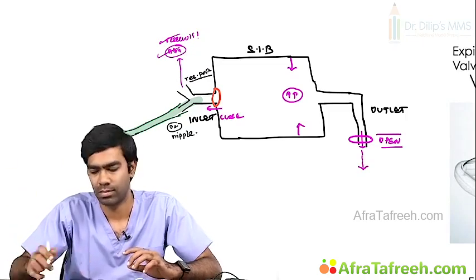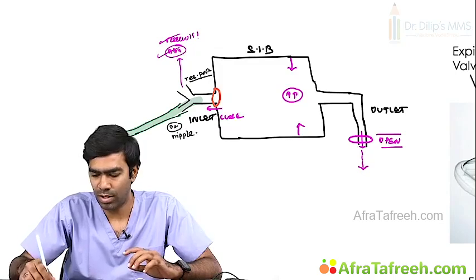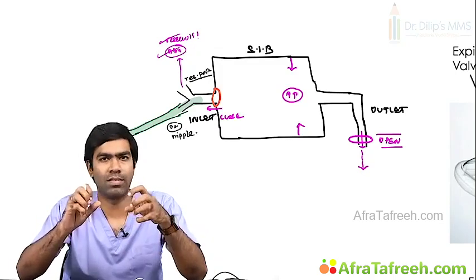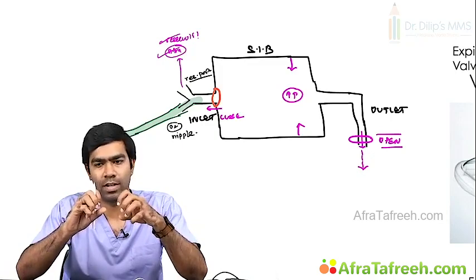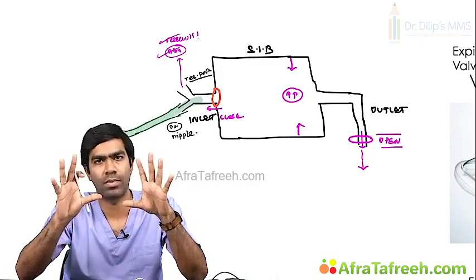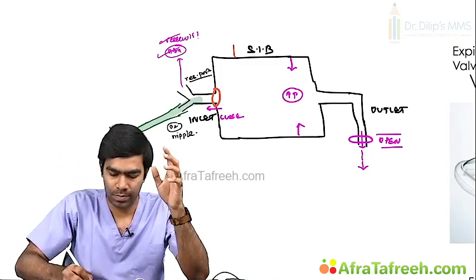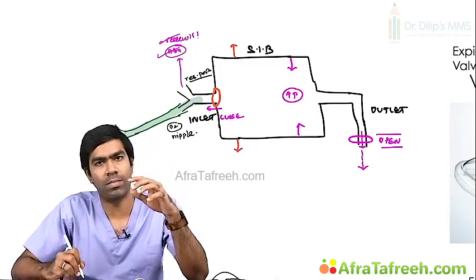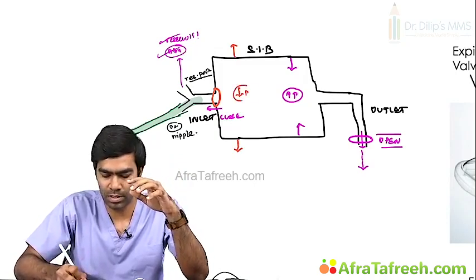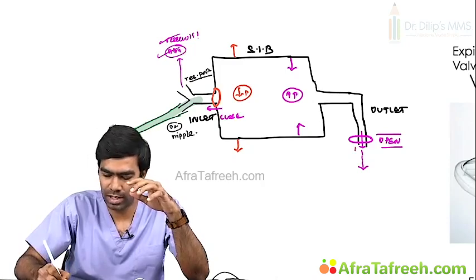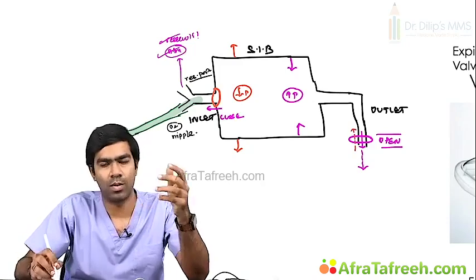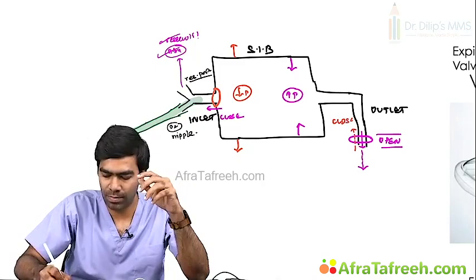That's it. Now when you are leaving the ambu, because it's a self-inflating bag, even when you don't do anything and you leave the hand, it automatically expands. So what happens when you are reinflating? When you are reinflating the bag from compression, there will be a pressure drop inside that will suck in the outlet valve and close it.